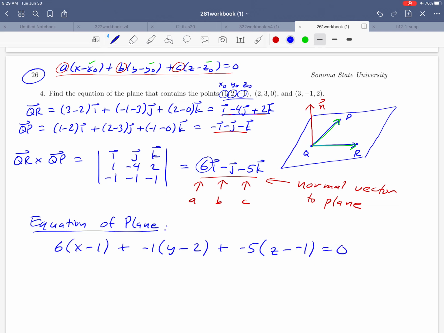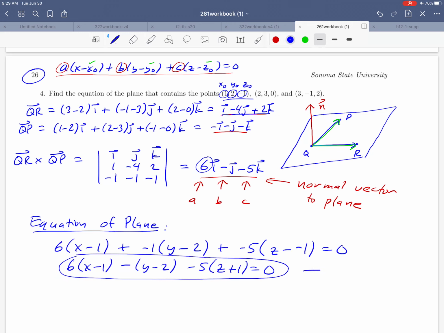We can simplify that a little bit: 6 times x minus 1, minus y minus 2, minus 5 times z plus 1 equals 0. That should be the equation of our plane, and that would be a good final answer that we could give.